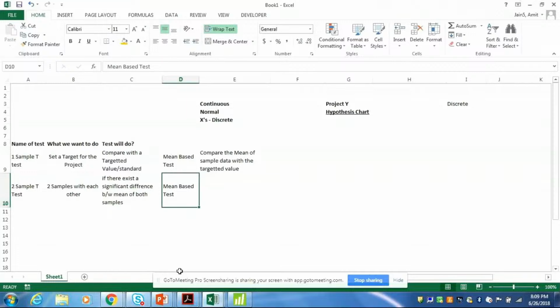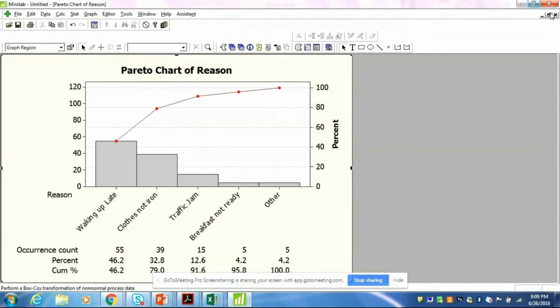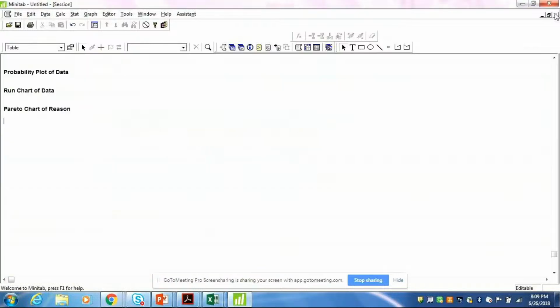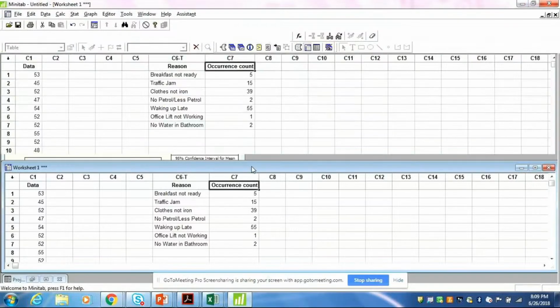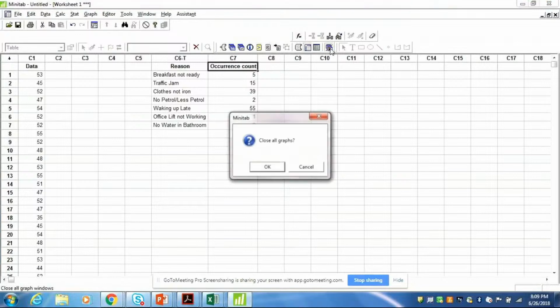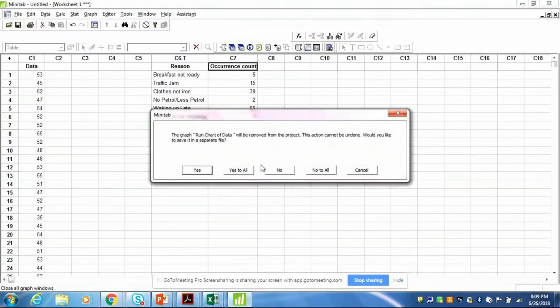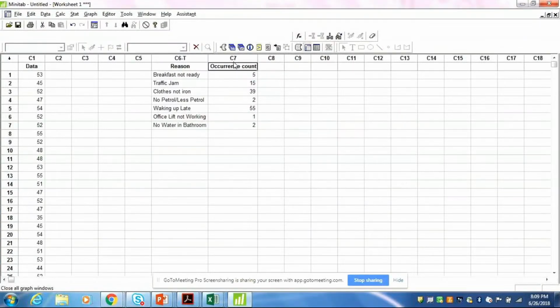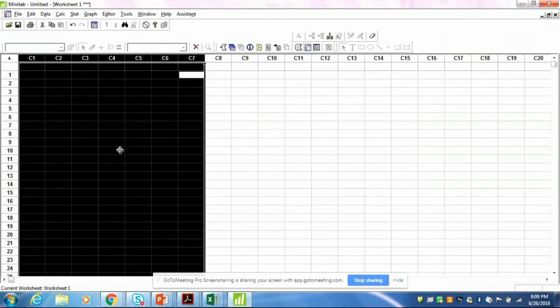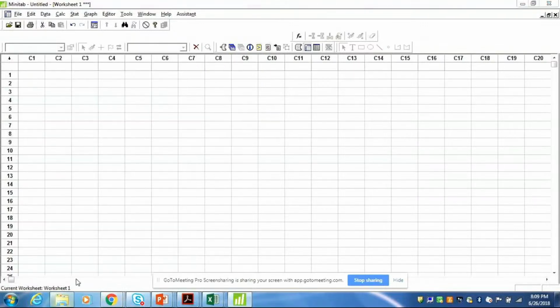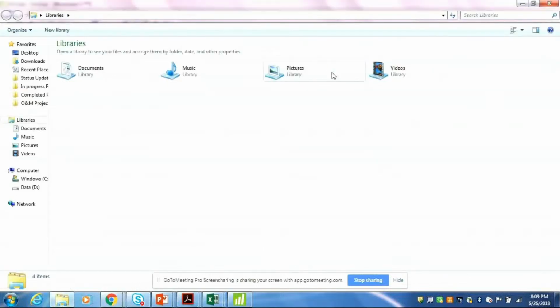Okay, since you got the data, can you open the first file, which is one sample t-test? Let me also open it.